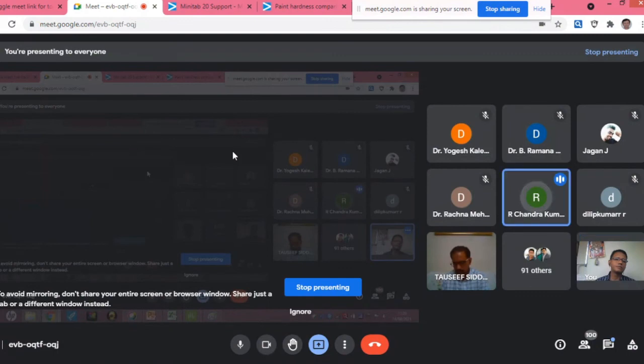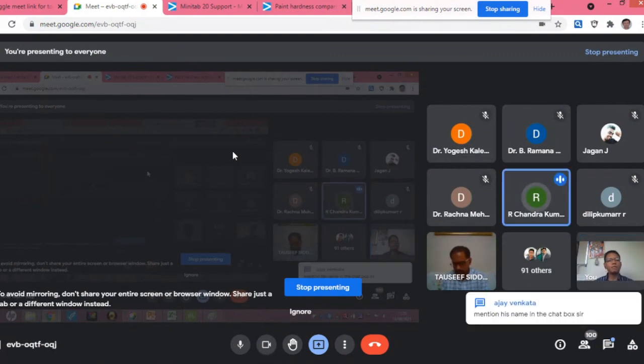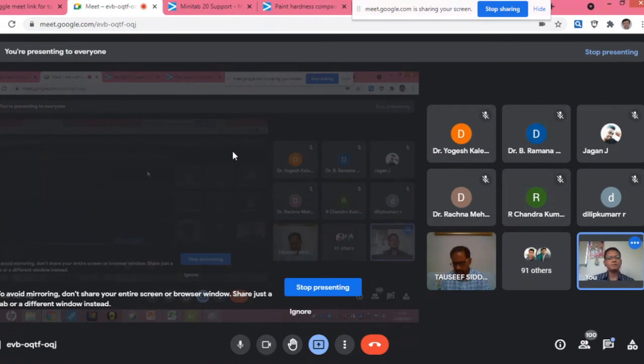And also, sir, regarding data collection, can you suggest any tips so that this process will be smooth? Related to data collection, practically you have to work on the data or the process.